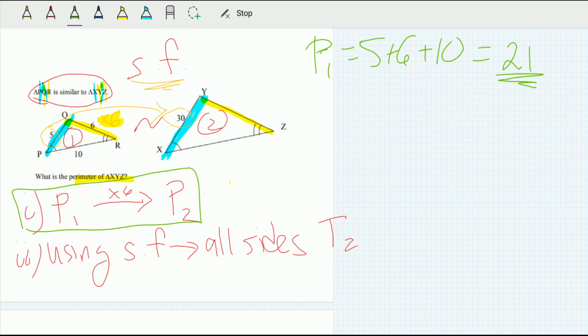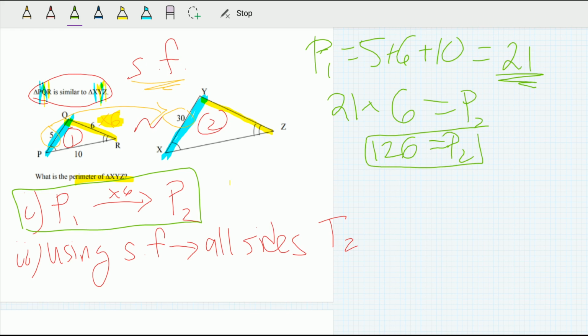So I'm going to do 21 times the scale factor, which is 6, and this is going to be the perimeter of the second triangle, which is really nice because that's the answer that we're looking for. So 21 times 6 is going to be 126. And so there you go. That would be considered our answer.